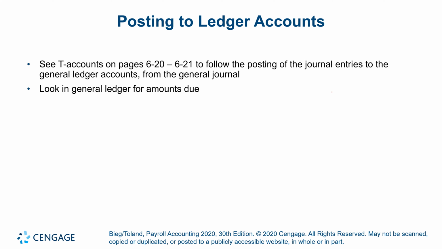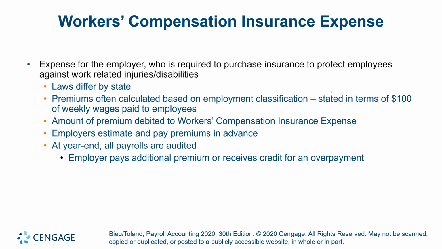W-3, for example, we use the employee's individual earning record for W-2s, but several of these different forms, the 941, the 940, right? Several of these different forms that we have to prepare.